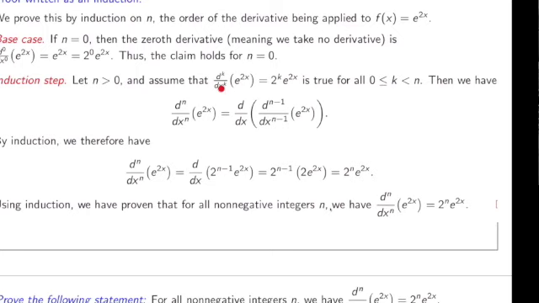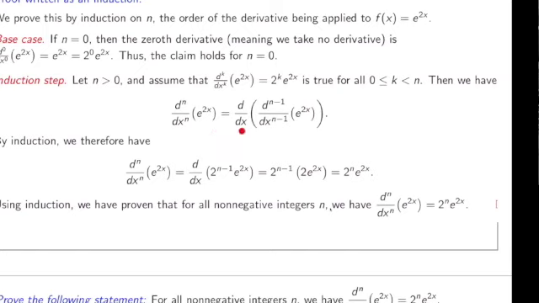So we're going to assume that when I take the kth derivative of e to the 2x, I get 2 to the k times e to the 2x for any integer k which is less than n. And we want to show that this is therefore going to hold for the case when we take the nth derivative.